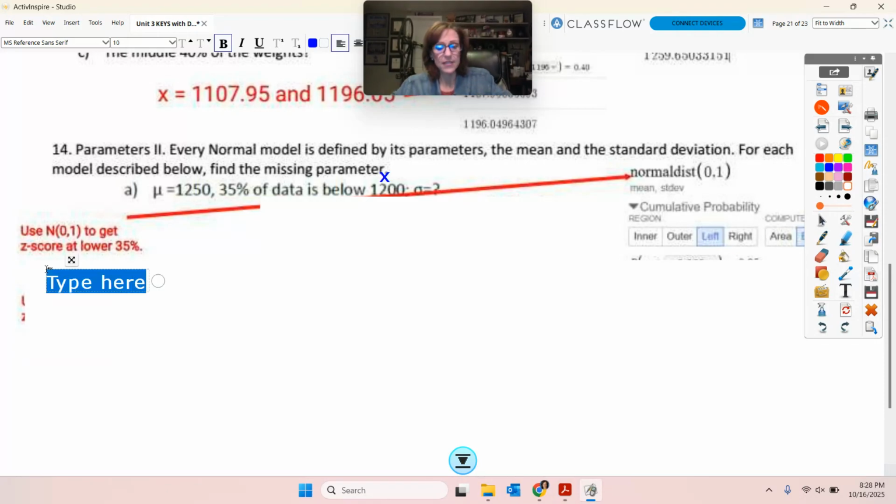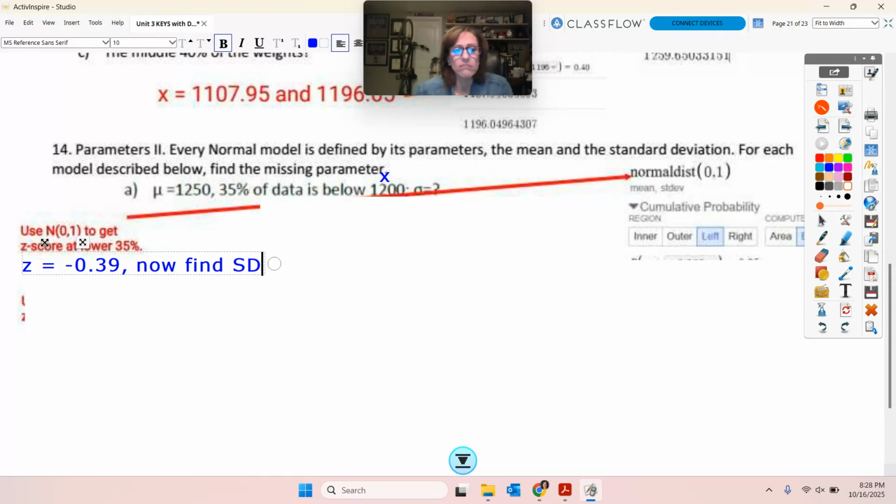Okay, z equals negative 0.39. Now that I have that, now I can find x. Okay, so now find the standard deviation. Okay, and because now I have x and the mean and the z-score, x, mean, and the z-score.